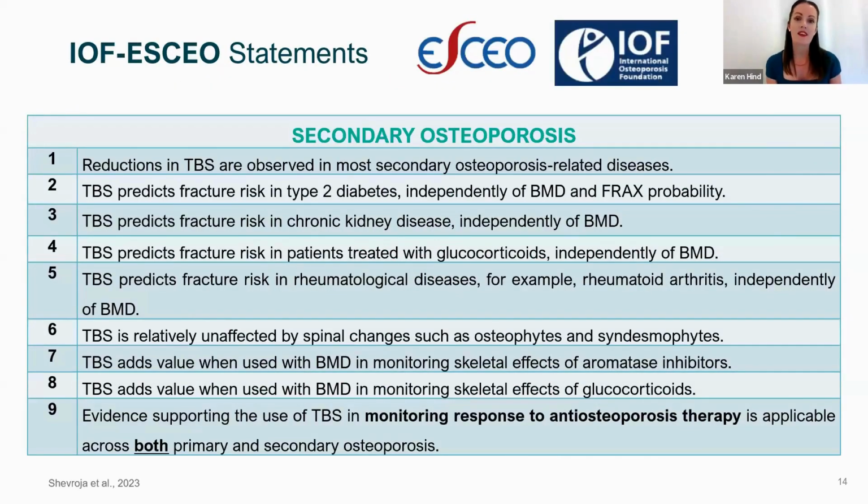Now we can move on to secondary osteoporosis, and there were a number of statements which the IOF SKO have published on guiding the use of TBS in secondary osteoporosis.